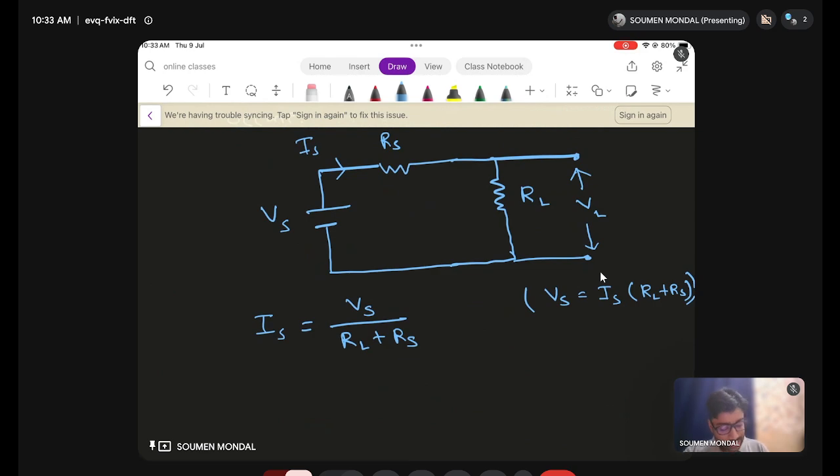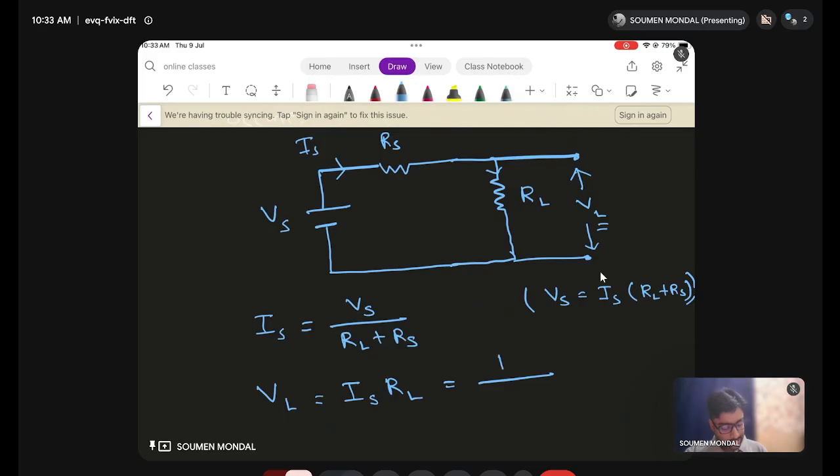Now this is the current through both the load and the series resistance. Now the voltage drop across the load resistance, which is VL, is given by the current through the load, which in this case is Is, times the load resistance.